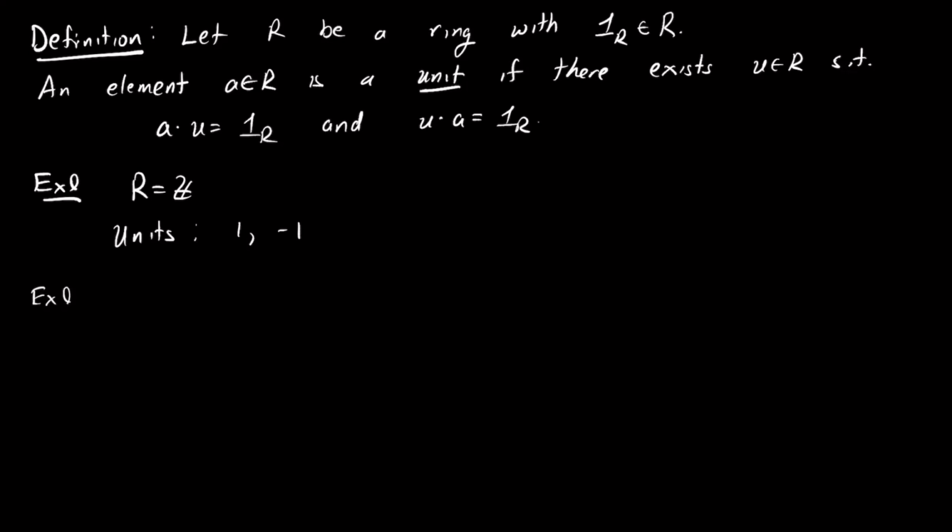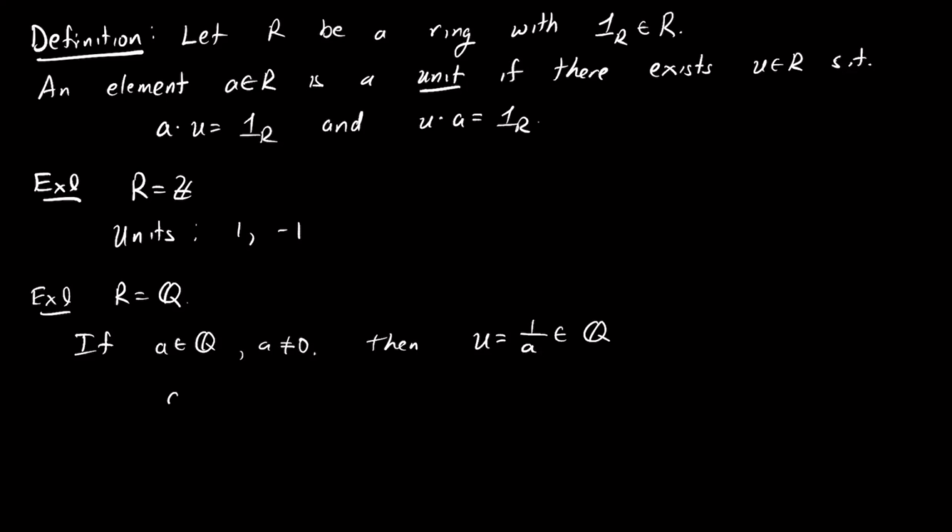What about the rational numbers? So R is equal to Q. Well, let's take a look at this. If A is a rational number and A is non-zero, then I could define U to be 1 over A, and this is also a rational number.